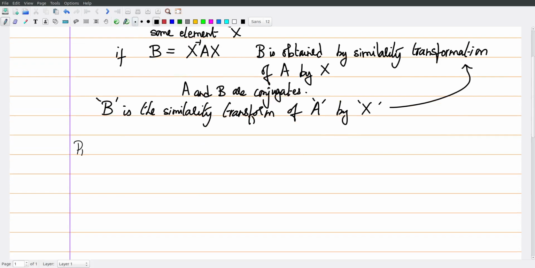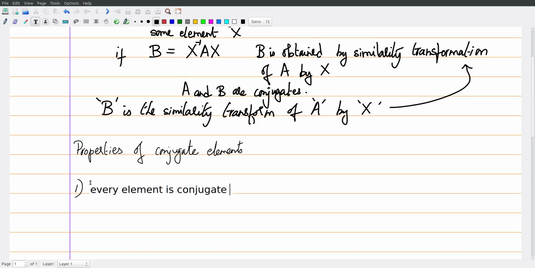So the properties of conjugate elements. The first property is that every element is conjugate with itself.